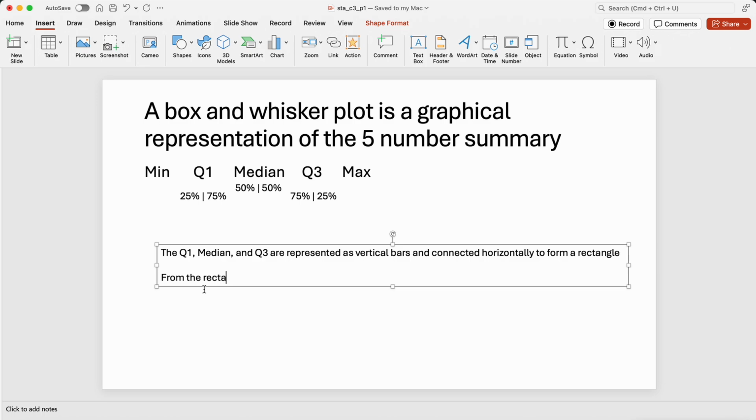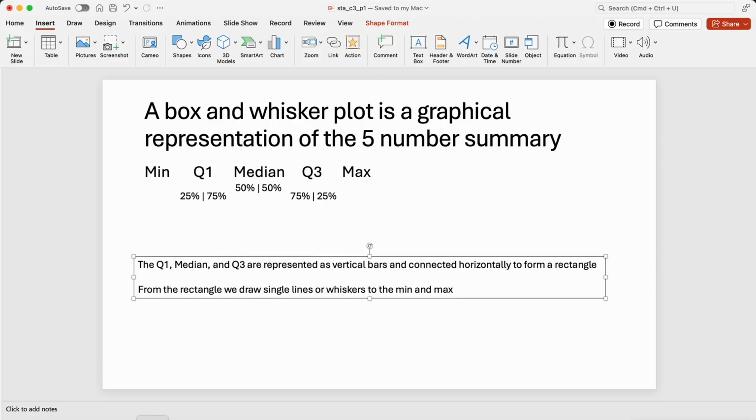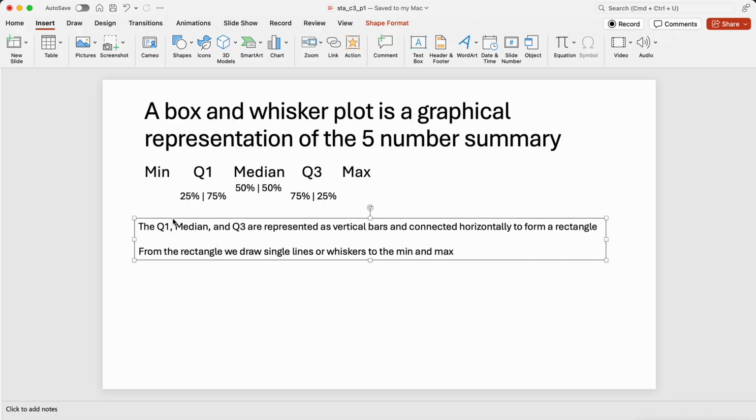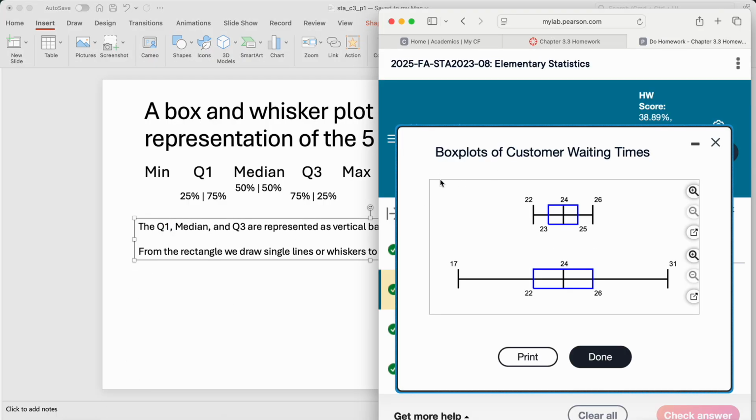From the rectangle, we draw single lines, or whiskers, to the min and max. All right. So after that, we can go back to this homework question and understand what we're being asked here. And maybe we can even snip these out.